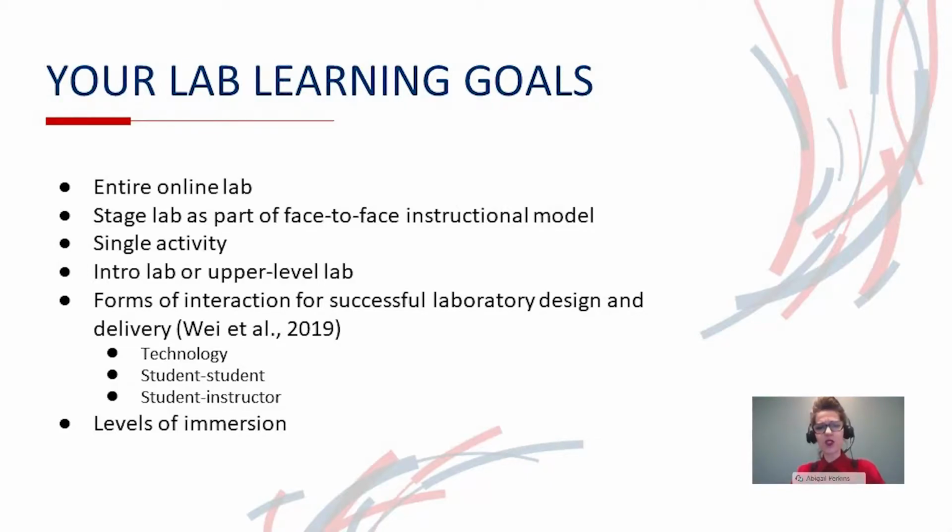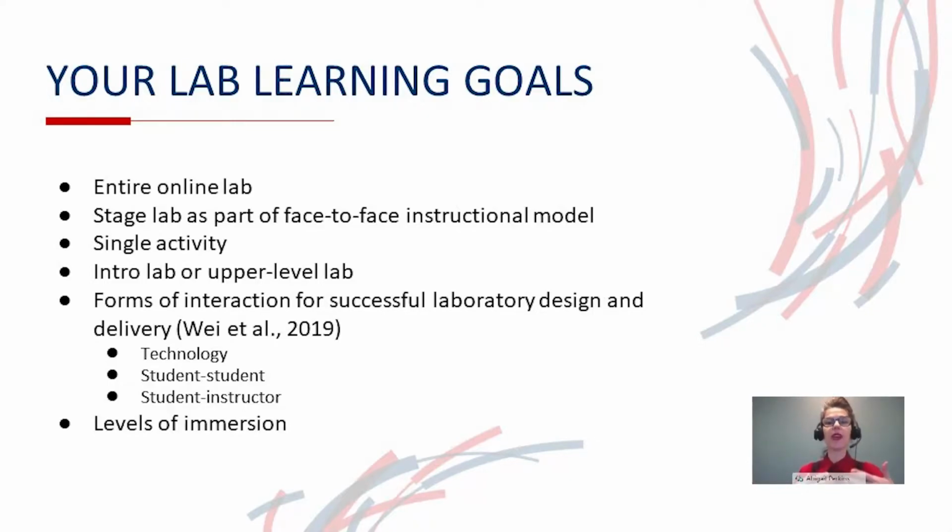There are forms of interaction for successful lab design and delivery. Specifically, there's the technology interaction, there's the student to student interaction, and there's the student to instructor interaction. How would these three main types of interaction support your lab learning goals? And then we have levels of immersion. We have low level technology use, and then we have higher level.